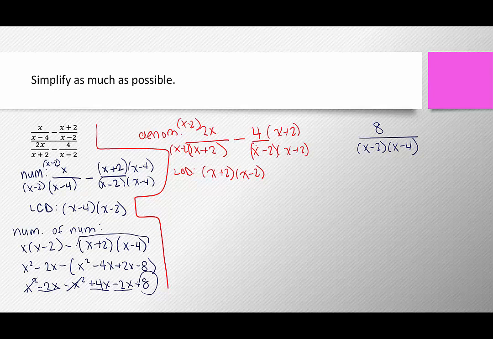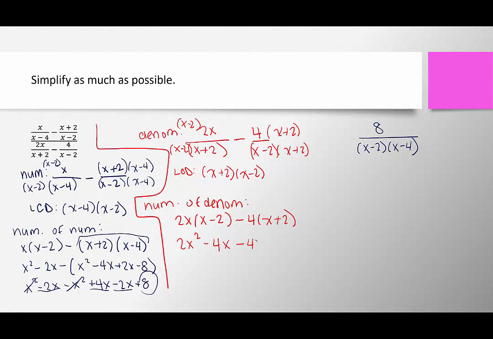Okay, so now I'm going to focus on cleaning up the numerator of the denominator. I'm going to clean it up, and then we'll put it over that common denominator, x plus 2 times x minus 2. What do we have? We have 2x times x minus 2 minus 4 times x plus 2. And I want to be careful with that subtraction as always. I'm going to distribute: 2x squared minus 4x.